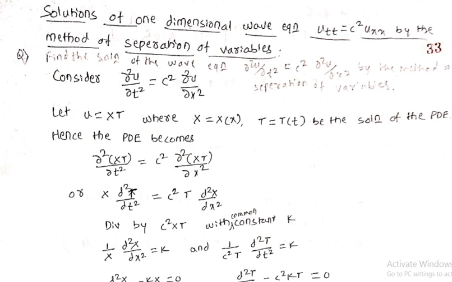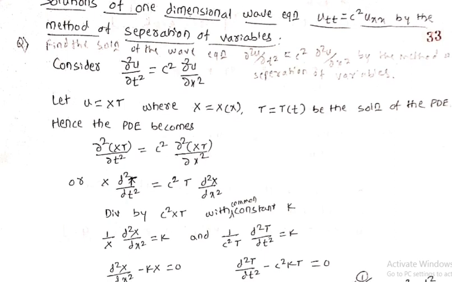So consider dou square u by dou t square equal to c square dou square u by dou x square. That is the standard wave equation, which we already proved in the previous class. In this equation we will substitute small u equal to capital X and capital T, where capital X denotes a function of x and capital T denotes a function of small t.